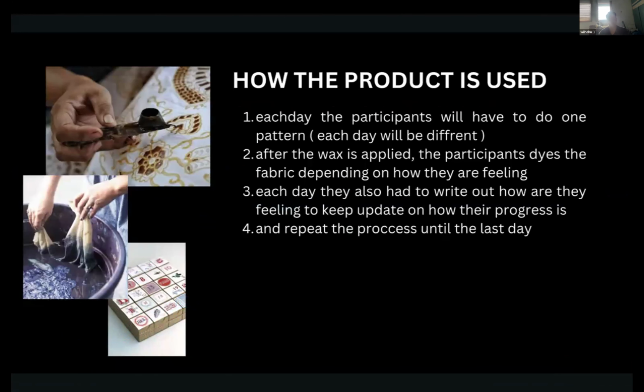For example, on day one they do the first one, and they have to wait for the next one, which can train their patience, instead of opening everything at once and doing it all in one go.